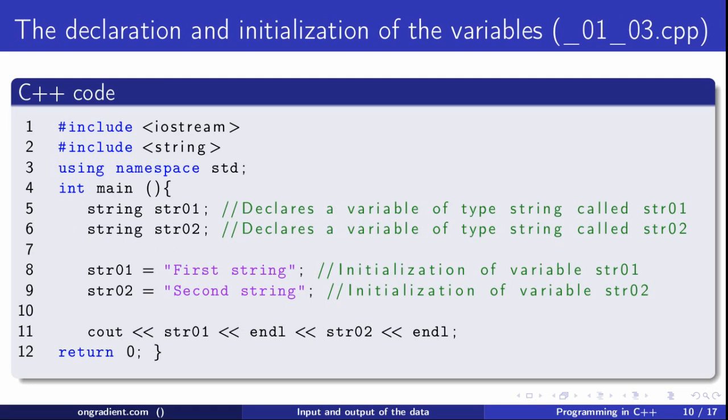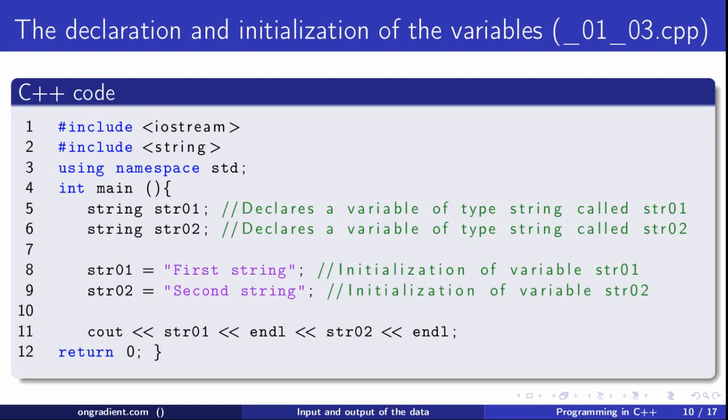It has a value. At the 11th line of the code, we output the value of the variable to the console. Unlike the previous example, we output to the console not just a string, but the value of the variables.